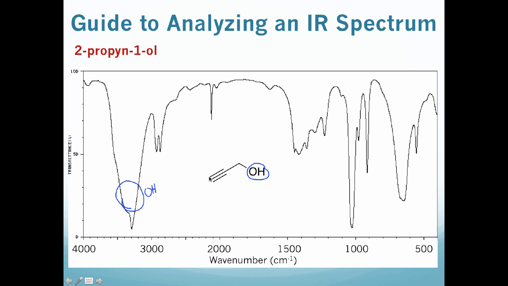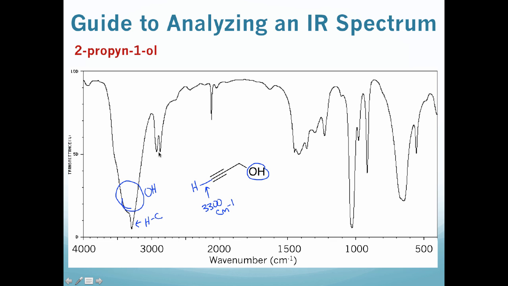Now, because we have a terminal alkyne, we should also see this alkyne carbon-hydrogen stretch here at about 3300. Now, it's sort of buried within this alcohol, but we can see this extra sharp peak coming out of the alcohol peak, and that is that alkyne CH.